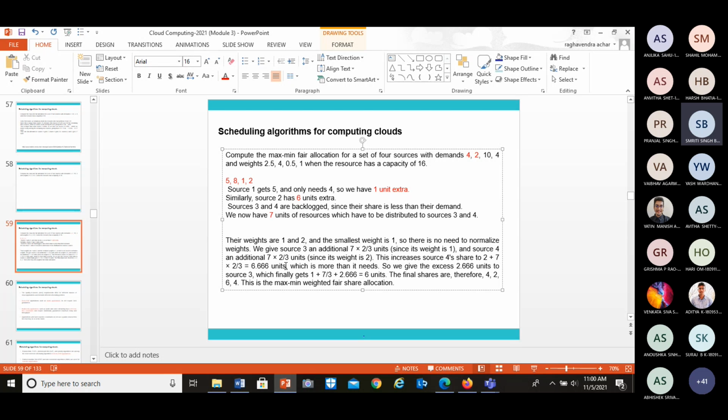Yes, their weights are 1 and 2, and the smallest weight is 1. So there is no need to normalize the weight. Okay, so finally what you are supposed to do is 7 is remaining, right?